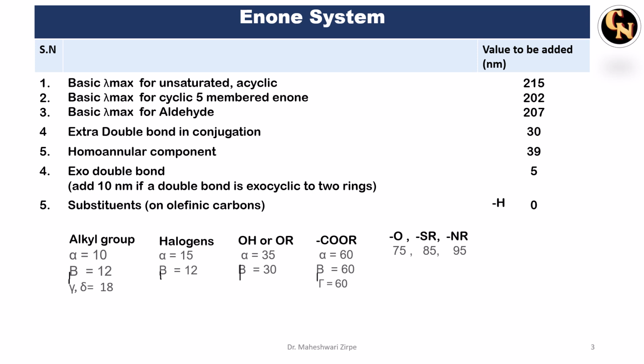Then similarly, if there is an ester group present at alpha carbon, we add 60, beta carbon we add 60, and gamma carbon we add 60. Similarly, for an ether group or O group we add 75, OR group we add 85, and NR group we add 95.